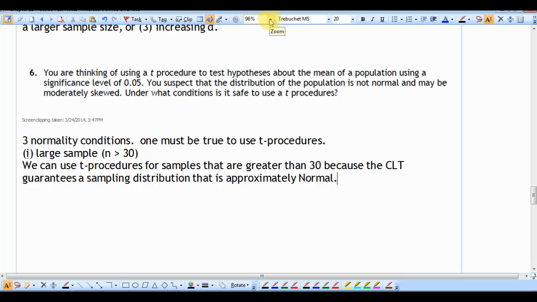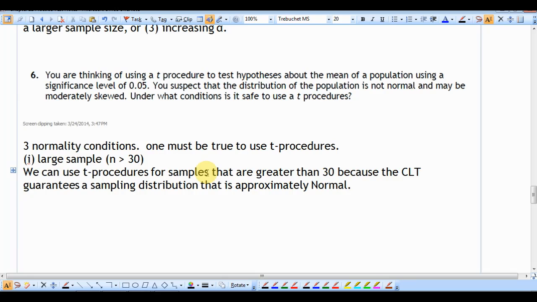Okay. Wait, for large sample, is it greater than 30 or greater than or equal to? It doesn't matter. Okay. So that's one way. Another way is if the population is normal.